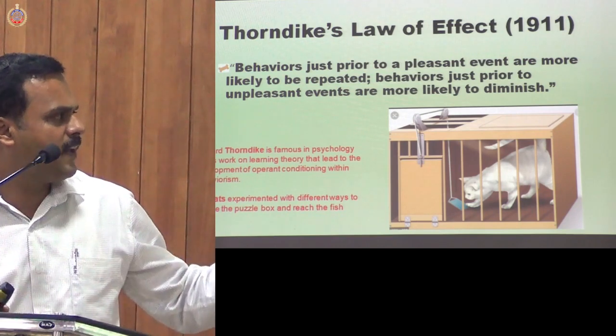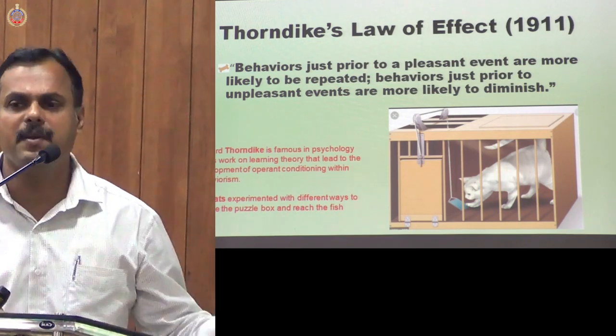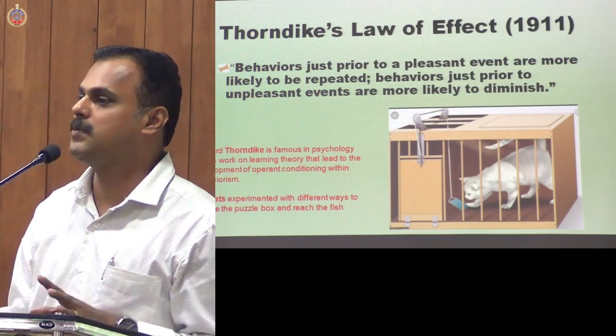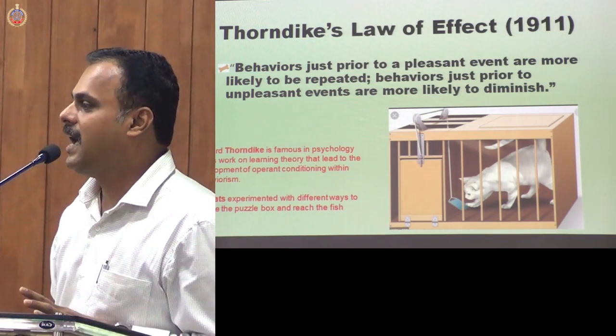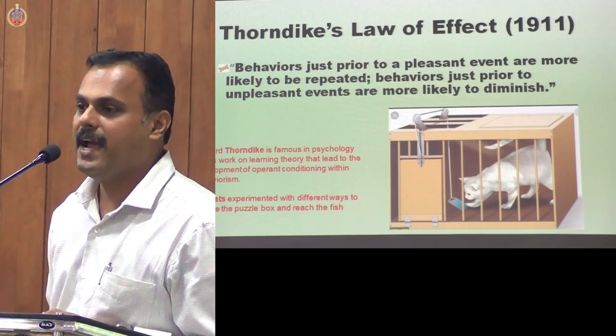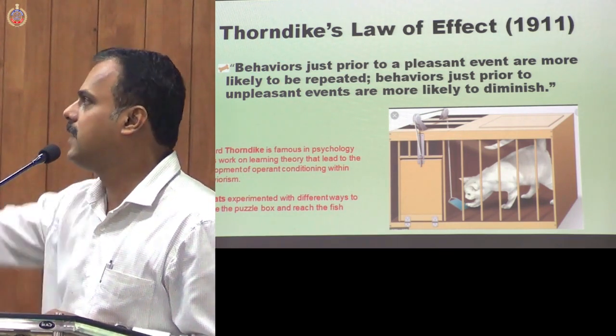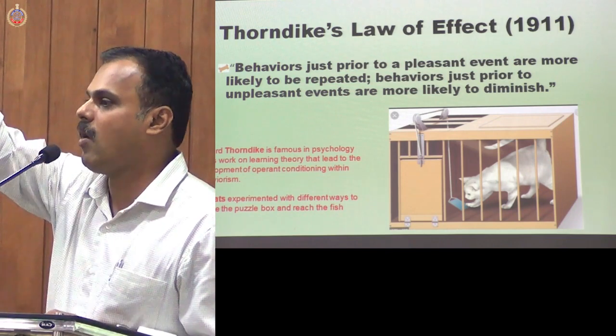All his famous psychology experiments happened in the cat box. In the cat box experiment, the cat was placed inside a wooden box, and there is a small pad connected to a wire and it is connected to the lock.